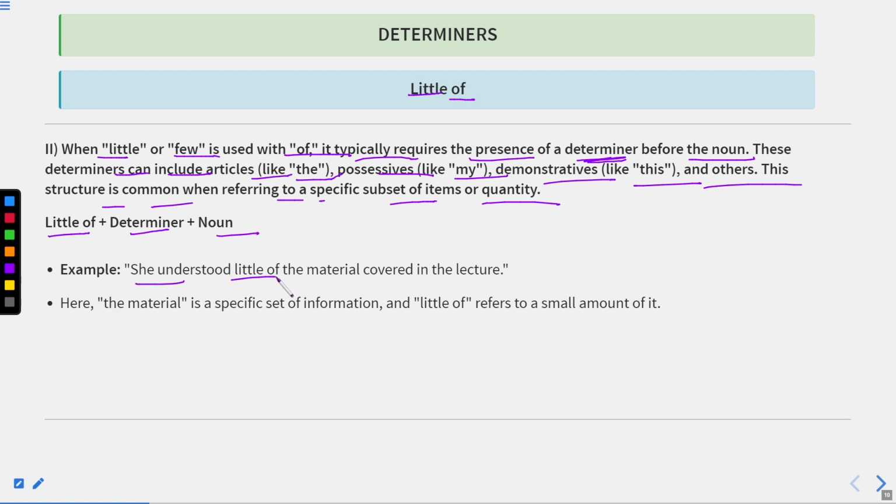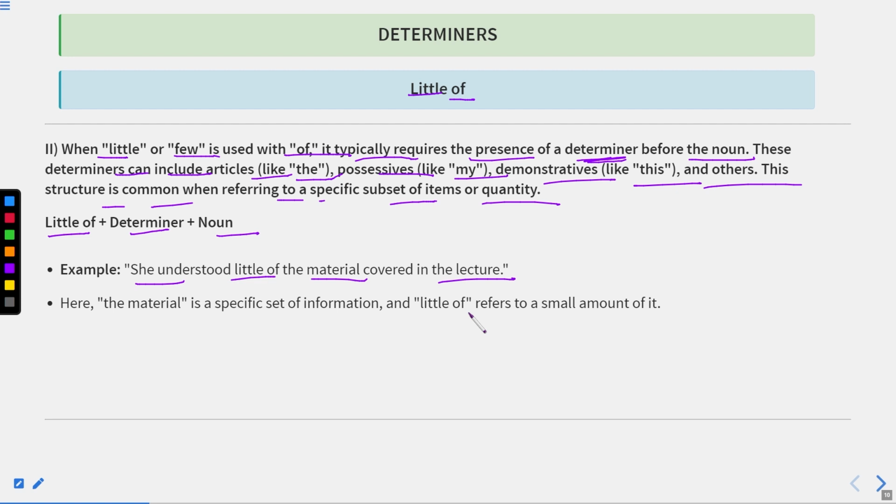Example: she understood little of the material covered in this lecture. Okay, so she understood little of the material. It means whatever material has been covered today was not understood by her. Why so? Maybe for some reason she was not able to understand what is mentioned there.